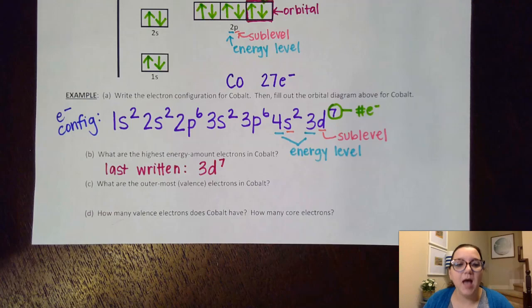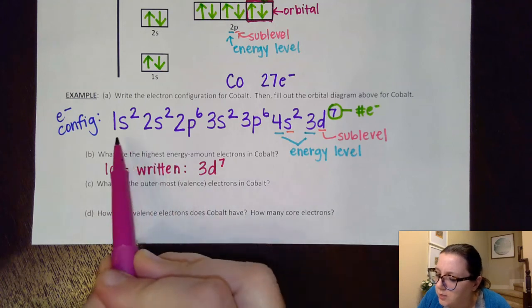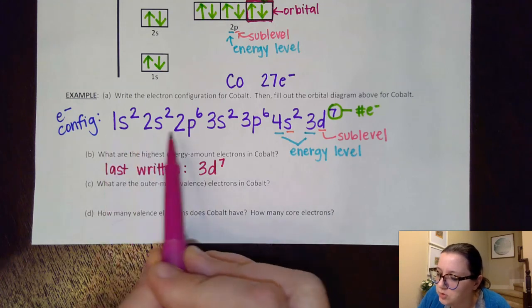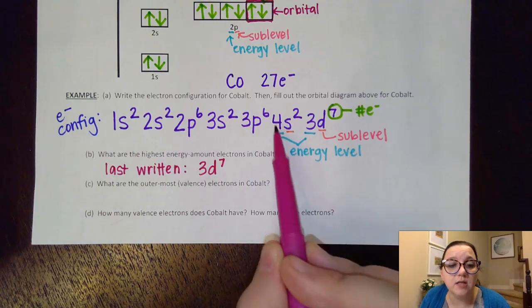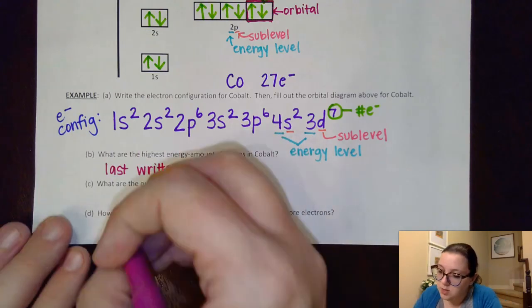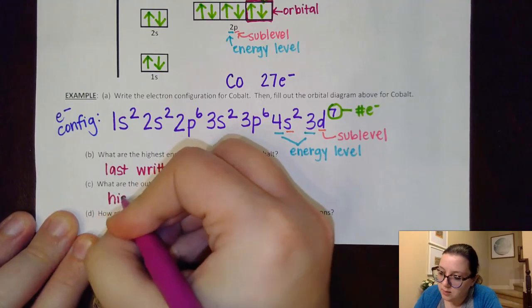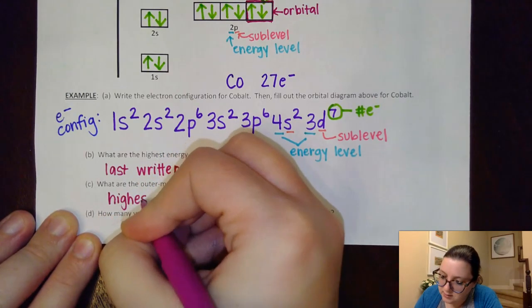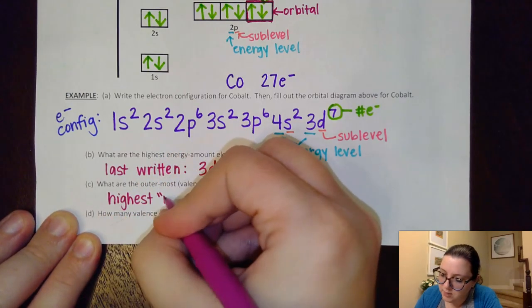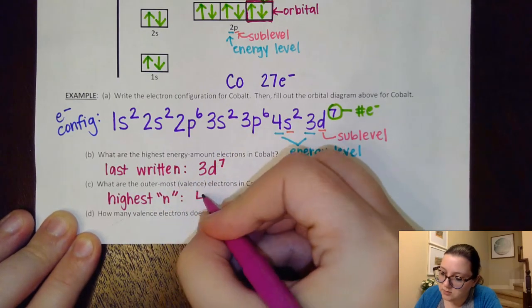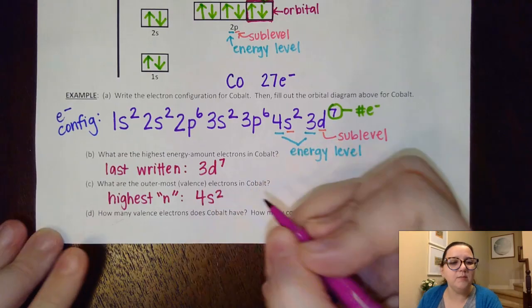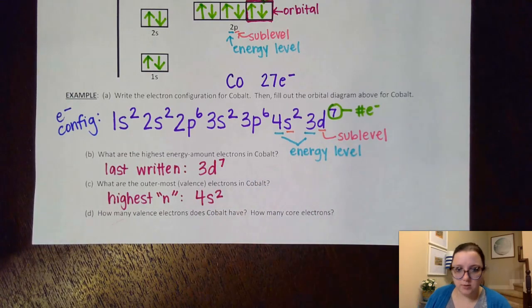It says, what are the outermost or valence electrons in cobalt? Well, if I look here, I look at those energy levels, 1, 2, 2, 3, 3, 4, 3. 4 was the highest energy level number that we saw. So the highest N, the highest energy level number, that's going to be your valence. Here, those are the 4s2. So it asks, how many valence electrons does cobalt have?